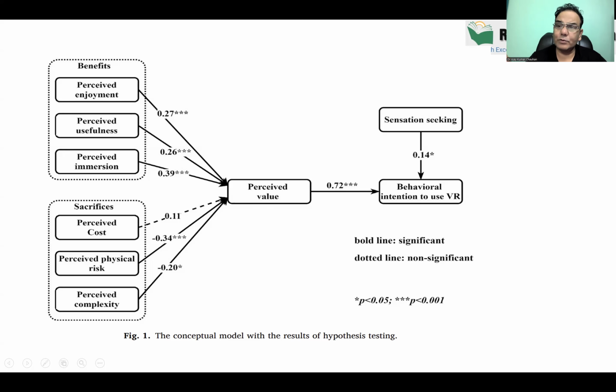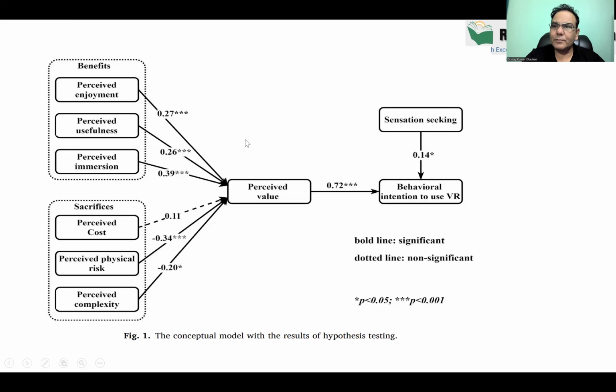देखिए मार्केट में एक कंसेप्ट होता है यूटिलिटी. The basic concept is utility. Means whatever benefits you are getting, and whatever cost you are paying, if the benefits are more than the cost, then you will adopt, otherwise not. Right.